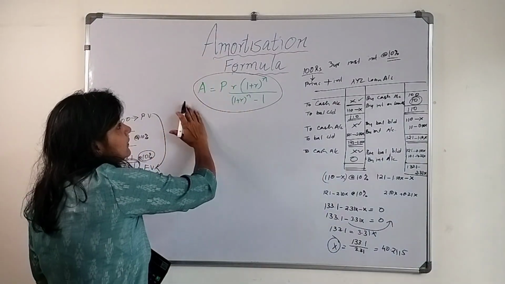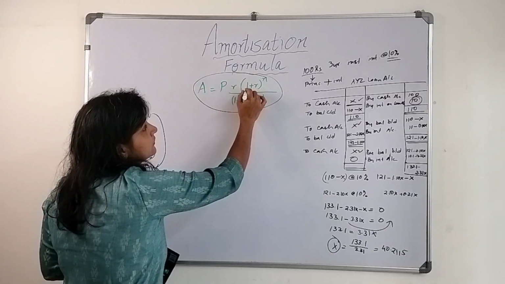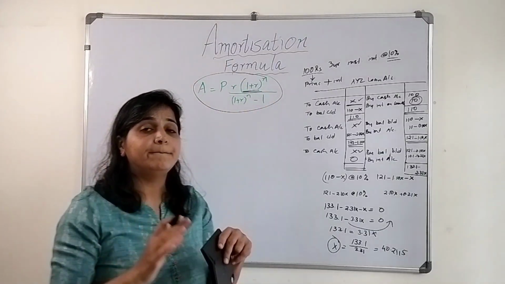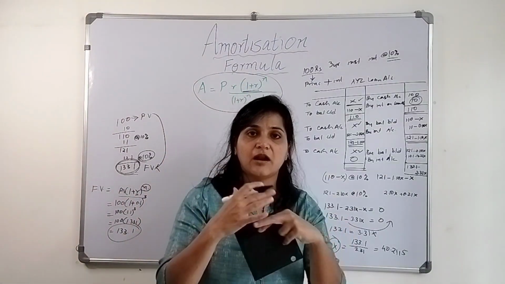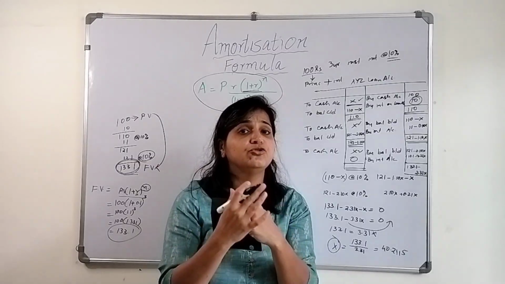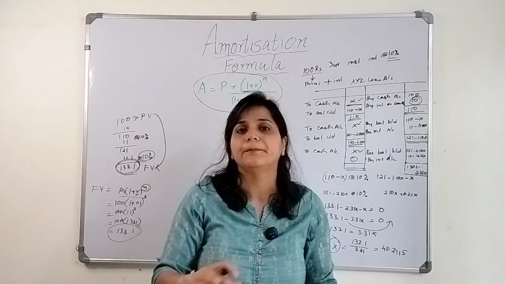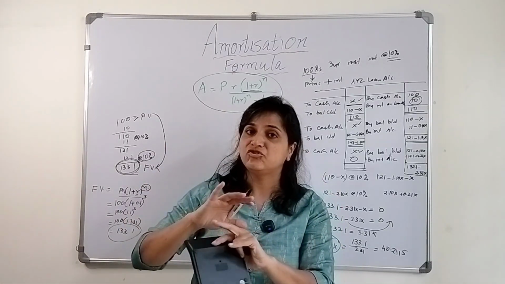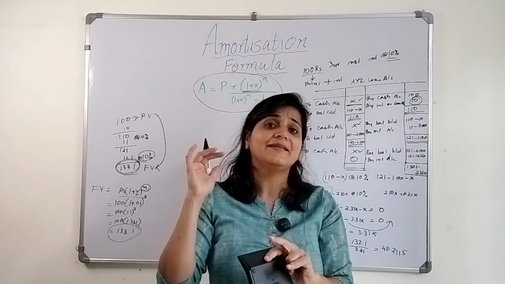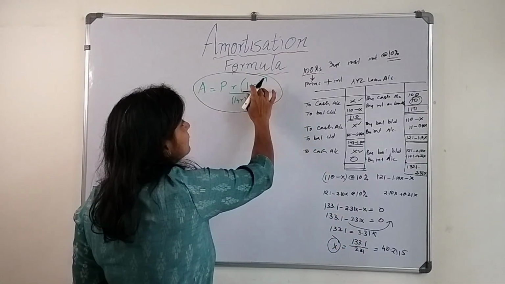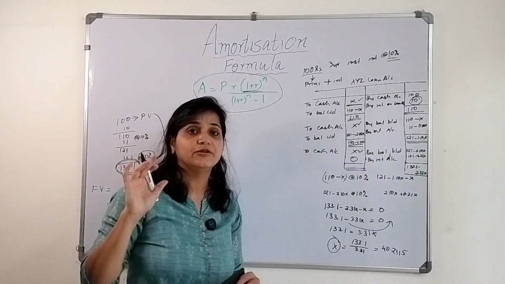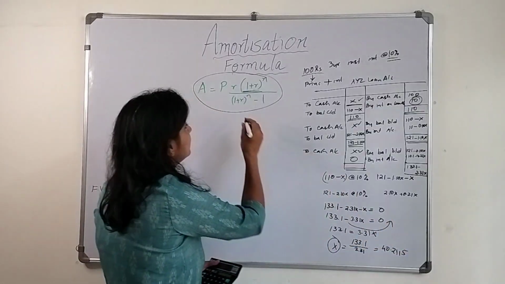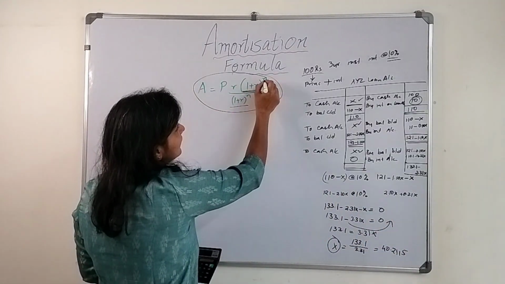Now when we apply it over here, we get to know the compound growth factor, how much amount will be due to that person if we don't pay at all in the initial years and pay only at the end. Similarly, over here it is the same, 1 plus r raised to n.